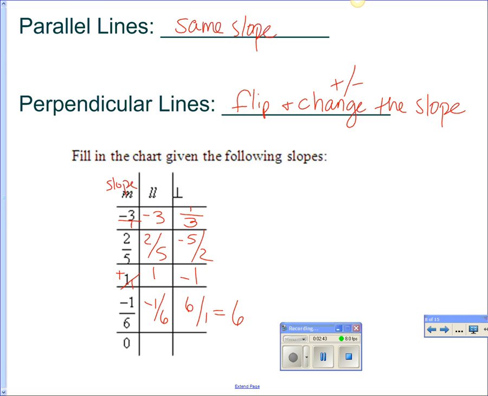All right. Guys, zero slope is one of our special ones. Remember, zero slope goes straight across. So zero slope is one of our special ones. The parallel to 0 would still be 0. Here's what you have to be careful, though.